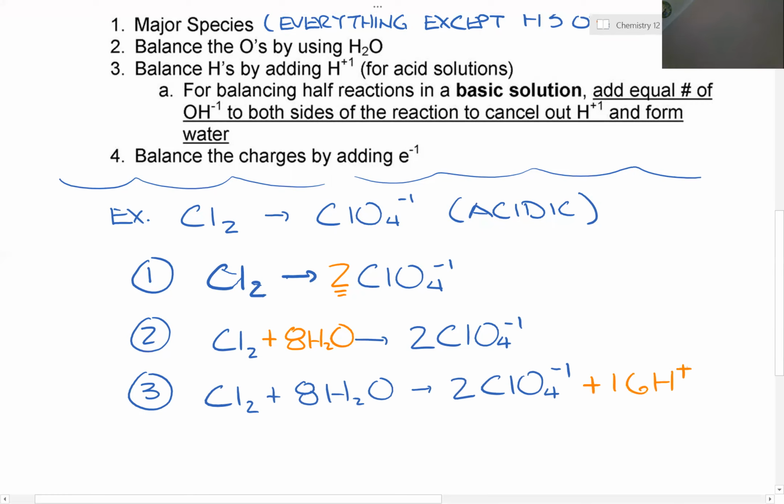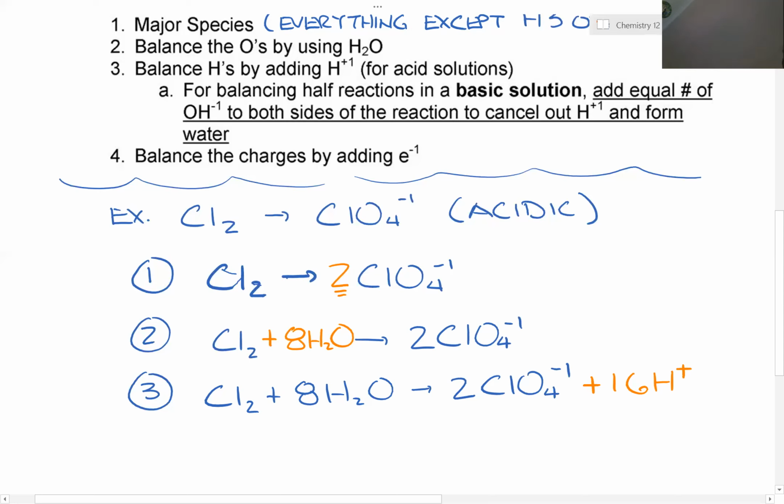Why do we add 16 H pluses? Because you have 8 waters on the left-hand side. Since you have 8 H2Os, you need 16 H plus on the right-hand side to balance them out.